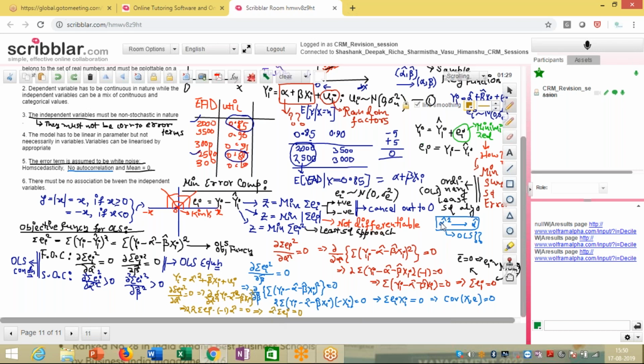If it is non-linear in nature, then your OLS is alpha hat summation ei equal to 0.